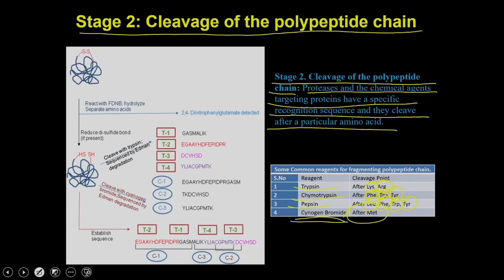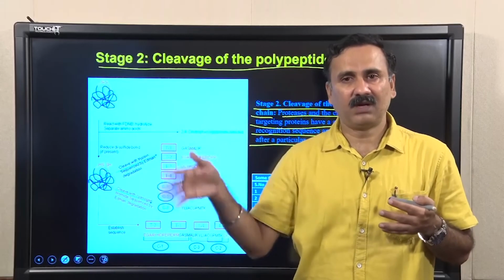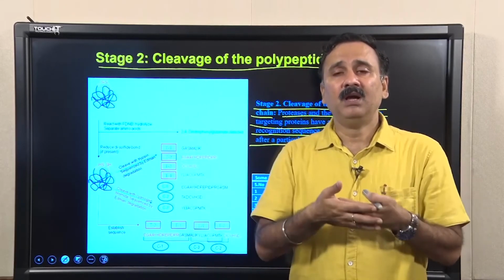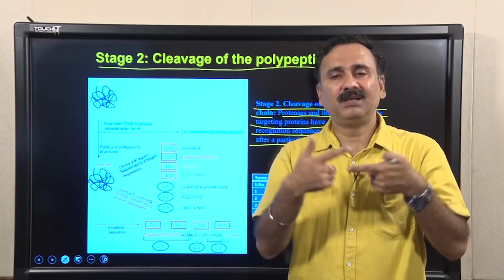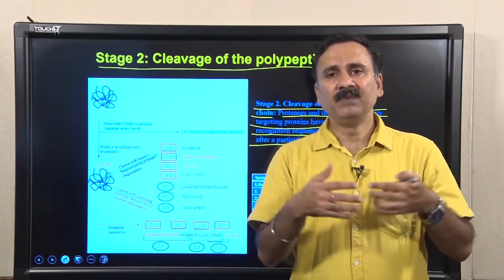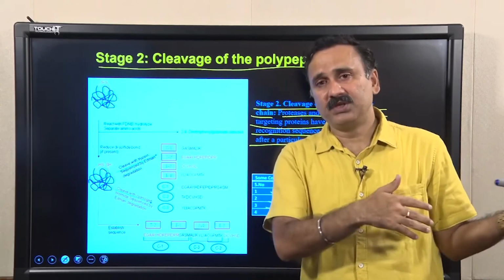So, you know where these chemicals or enzymes are cleaving, and that gives you an indication that the last amino acid is going to be lysine or arginine or whatever. That helps you put the sequence back together, and you can use that information to deduce the original sequence.